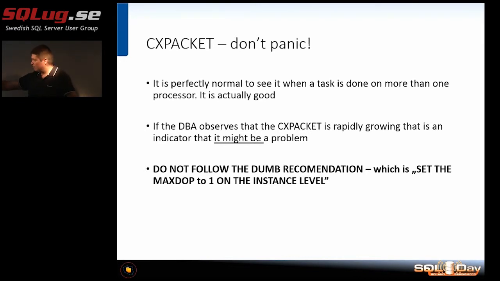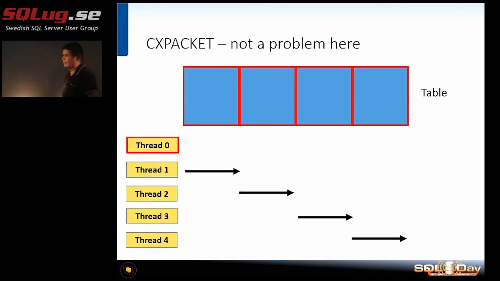You will effectively turn off parallelism, and you can slow down the entire server. However, you will eliminate the CX packet. So if this is your goal, this is the perfect solution. Of course, it was a joke. Don't do this. Unless you're running Microsoft's systems like SharePoint or... Okay, this is something totally different.